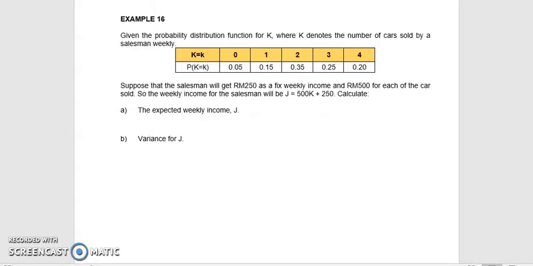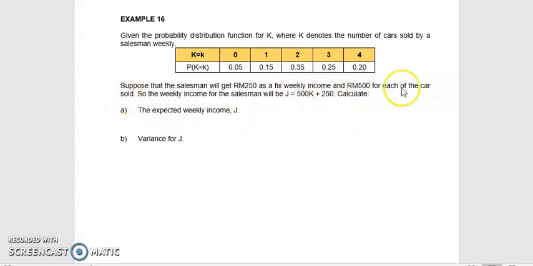Now let's look at this example. Given the probability distribution function for K, where K denotes the number of cars sold by a salesman weekly. K goes from 0 until 4 with its respective probabilities. Suppose that the salesman gets 250 as a fixed weekly income and 500 for each of the cars sold.